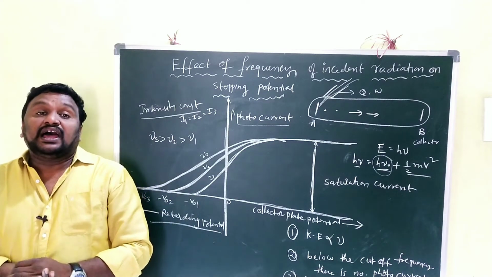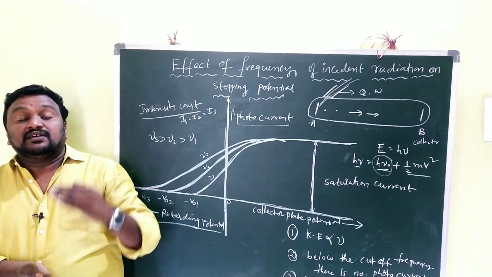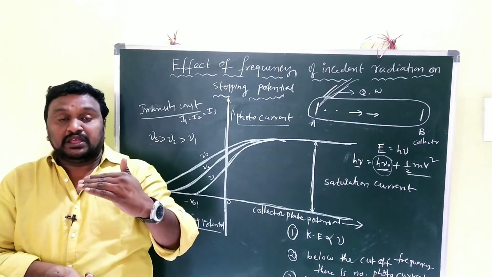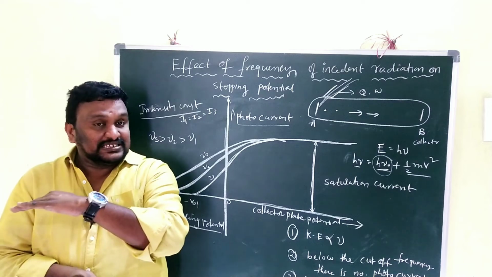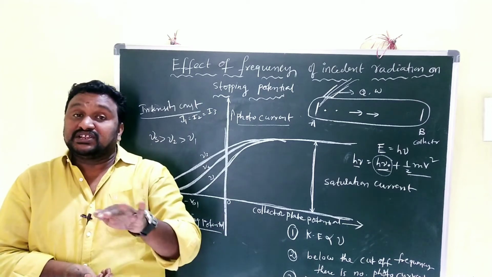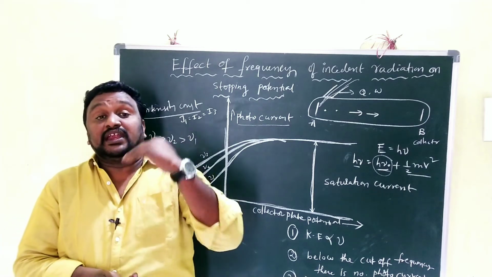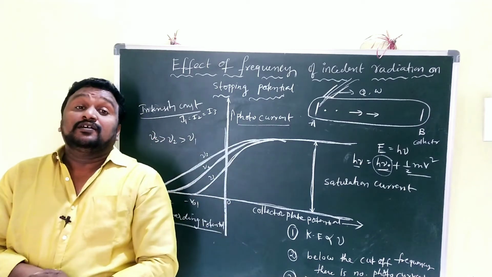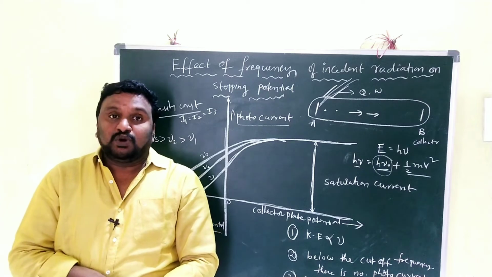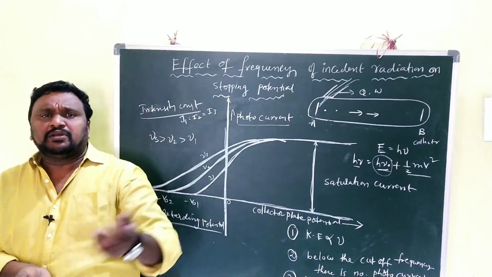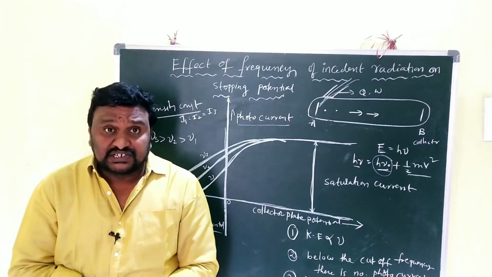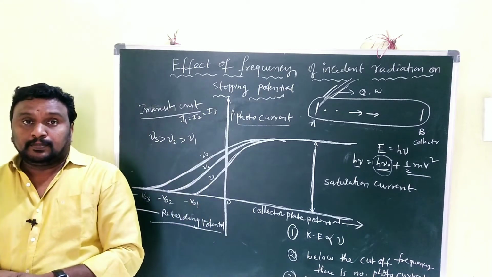Next, below the threshold frequency there is no photoelectric current. What is the threshold frequency? The frequency of radiation at which the stopping potential becomes zero, or the minimum frequency for stopping potential, is called the threshold frequency.